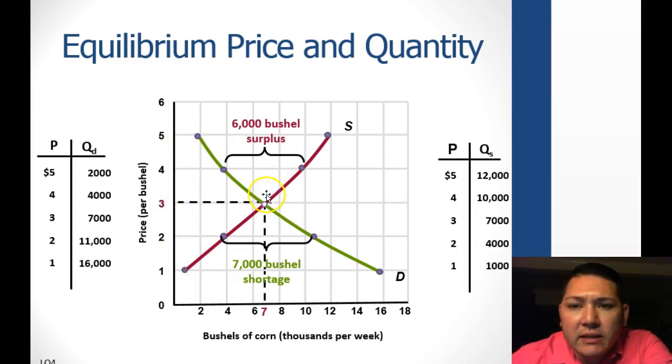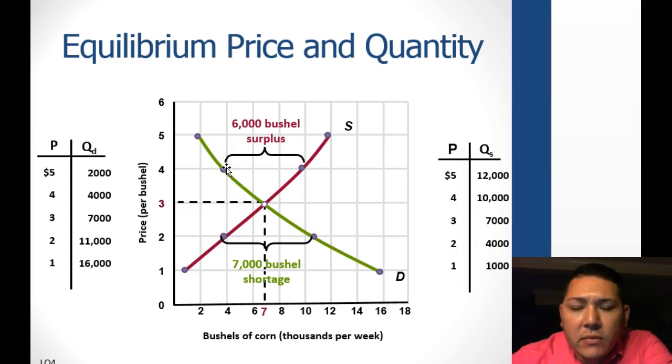So the problem then is, we get into the idea of a surplus or a shortage. Here, equilibrium is at $3. At $3, they want 7,000 bushels. Well, what happens if the price goes to $4?